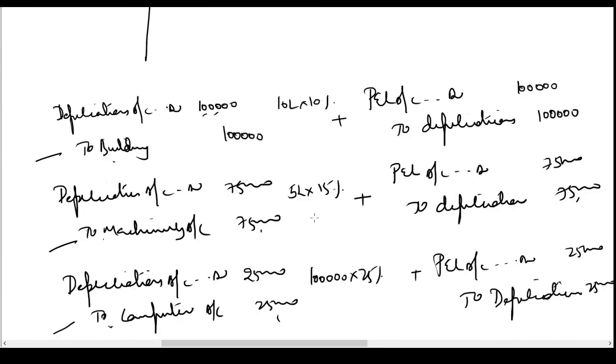Then we also passed one more entry, P&L account has to be debited, and we have to write two depreciation, 1 lakh 75 and 25. So P&L account has to be debited with 1 lakh 75 and 25, that is 2 lakh.